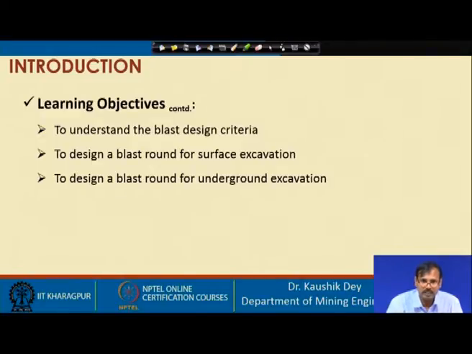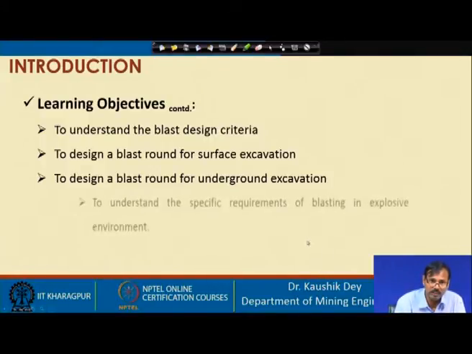Constraints are there: fume characteristics, vibration, throw of the rock, fly rocks, etc. One has to address those constraints and those targets, and considering that he has to design the blast.